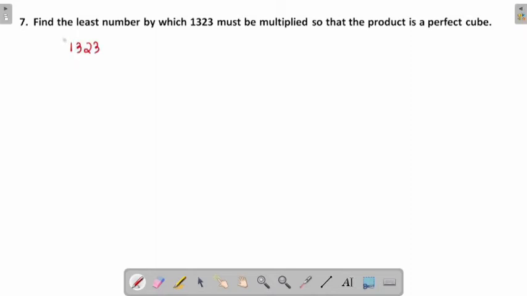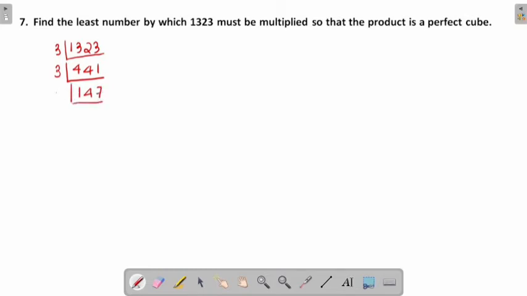If you remember, in the case of square roots we used to factorize, isn't it? So let's factorize, starting with 3. 3 4s are 12, so we have 1. Again with 3, 3 1s are 3, 1 goes over there, 14, 3 4s are 12, so 2 goes over there, 21, 3 7s are 21.